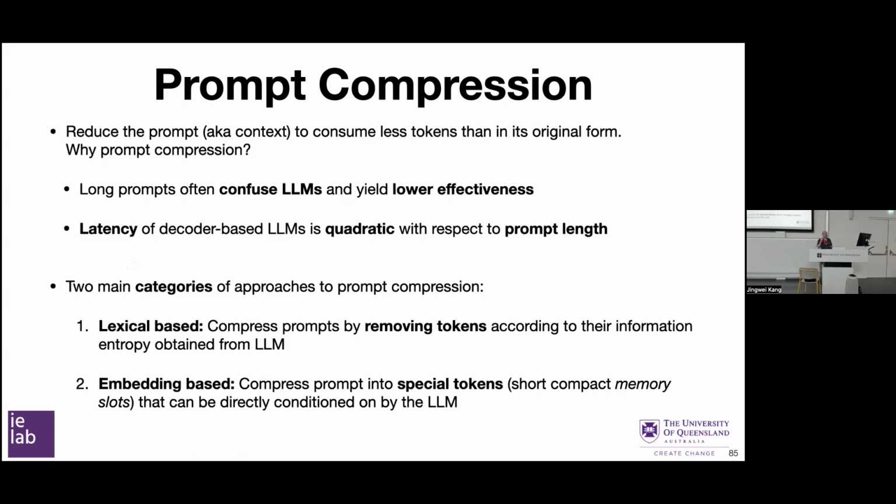One is that often long prompts confuse your large language model and lead to low effectiveness. That's the case if you think back to when I very quickly talked about this new paper coming out, where they found that information that you put in the middle of the prompt gets lost. The model is not paying attention to those.